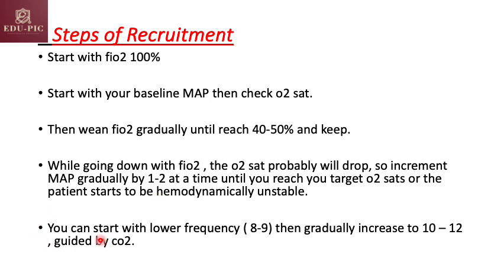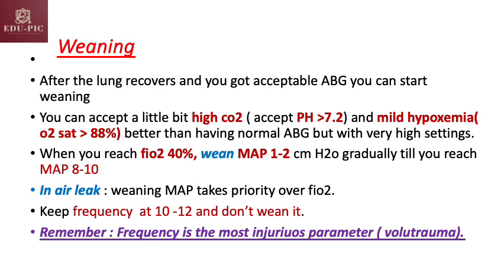You can start with a lower frequency, 8 to 9, then gradually increase it to 10 to 12 in pediatrics, guided by the CO2 elimination. So after you did the recruitment of the lung, you have to know what is the opening pressure of the lung and what is the closing pressure of the lung.